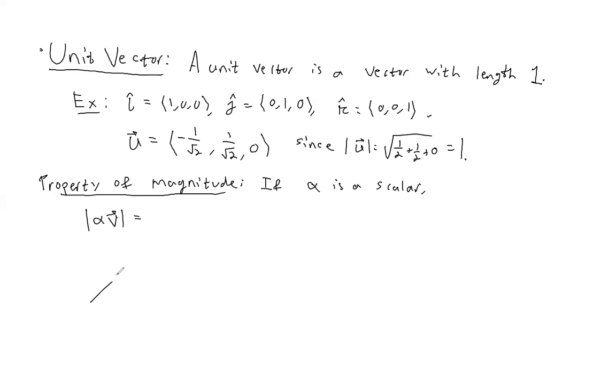Well, here's v, and then you can take alpha v. You've multiplied the length by alpha, and this is what happens if alpha is a positive number. But alpha could also be a negative number, in which case you'd be going in the opposite direction.